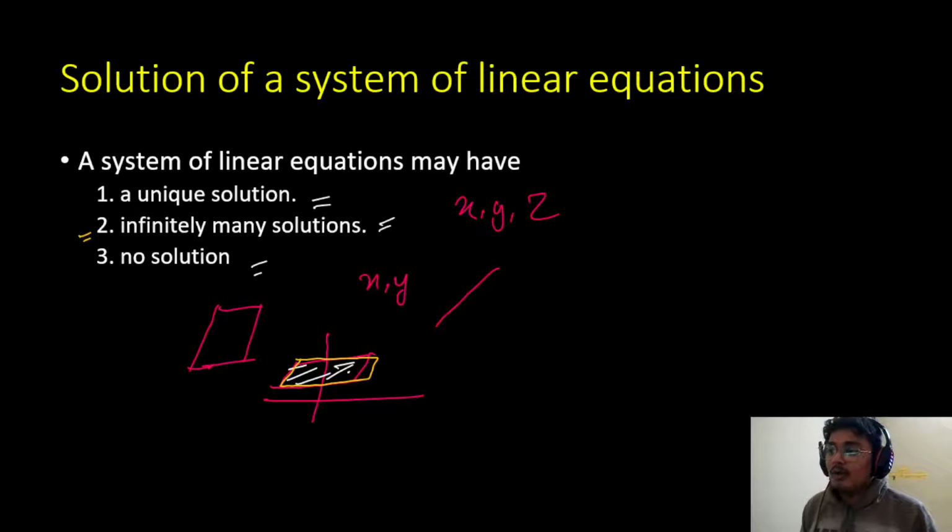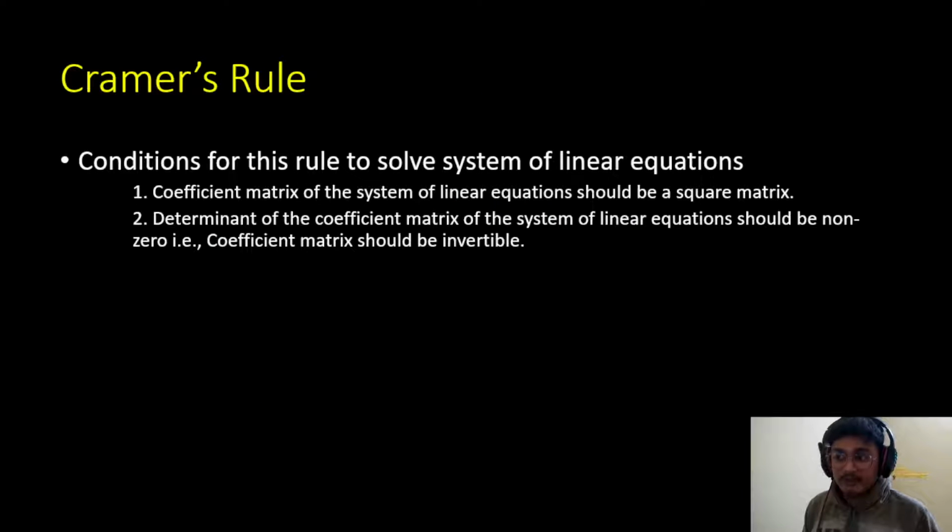Okay, now let's move toward solving the system of linear equations. The very first method is Cramer's rule. In Cramer's rule, we have some conditions before we move toward solving the system.